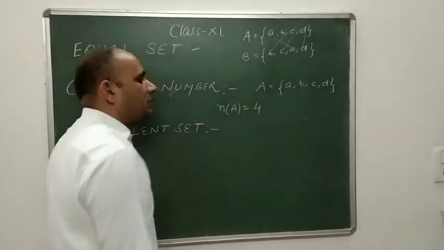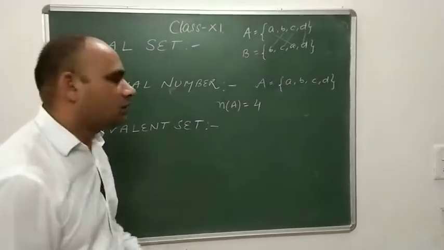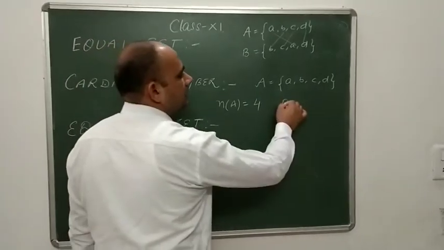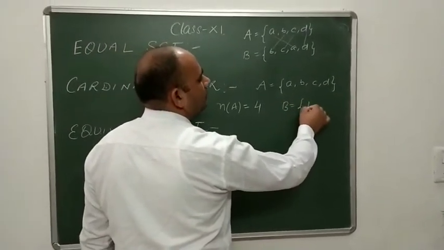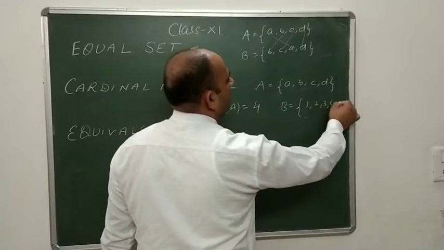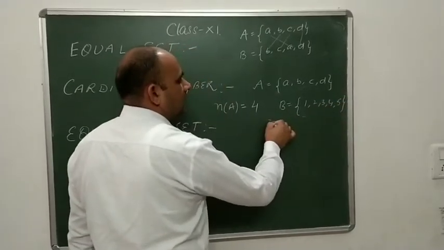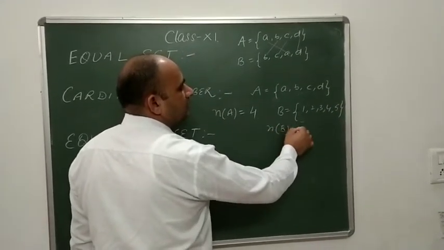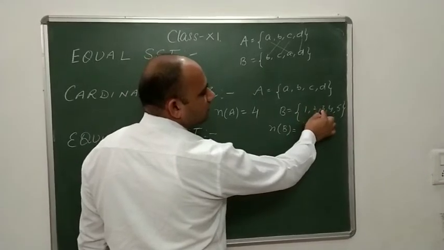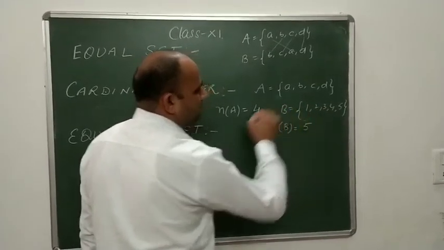Then the cardinal number of set A is 4. If I write B, 1, 2, 3, 4, 5, then the cardinal number of B is 5.